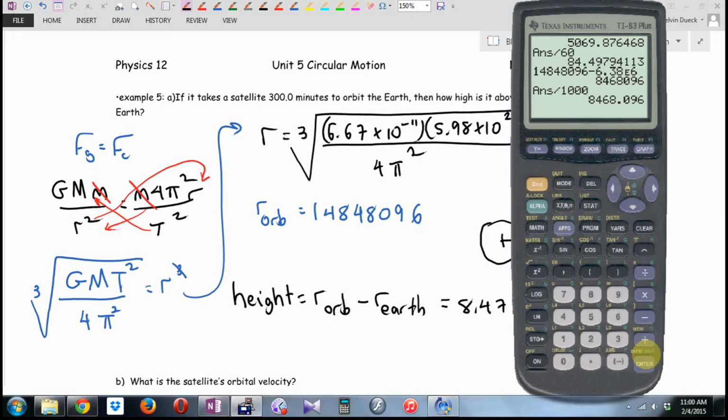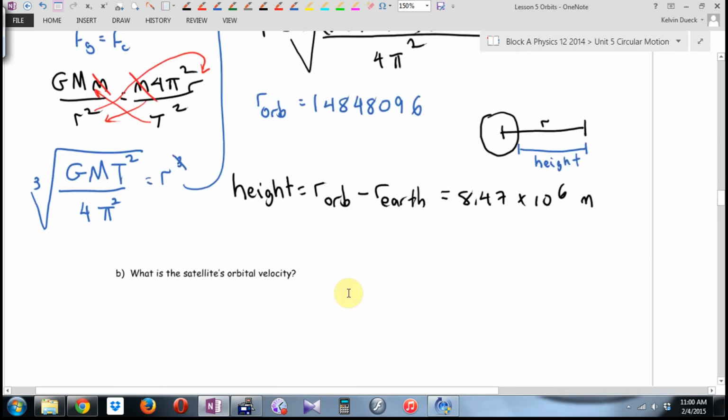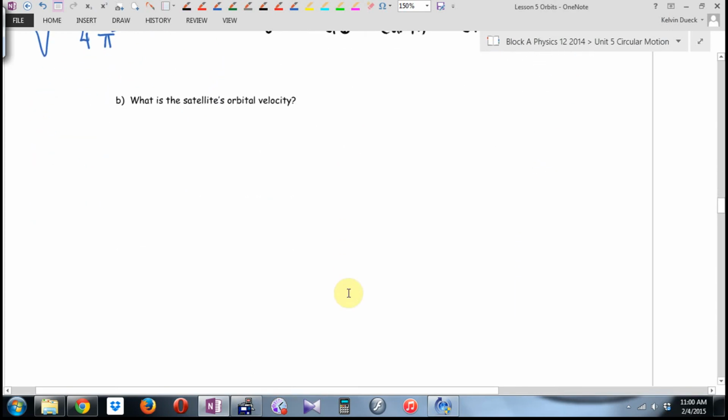Okay, and yeah, we have stuff that's that high up. What's its orbital velocity? Oh, are we in orbit? Is it asking for speed or velocity or period? Well, then heck.